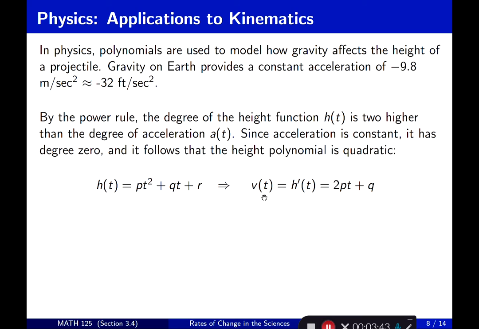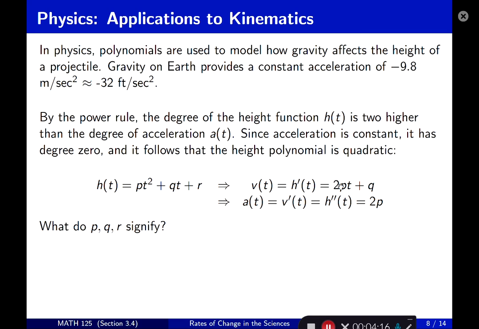Then v of t is going to be 2p times t plus q. Note that p, q, and r are constants. The variable part is t squared and t, and r is completely constant. When I take the derivative, it's the constant coefficient times 2t, and then the derivative of q times t is just q times 1, and the derivative of a constant by itself is 0.